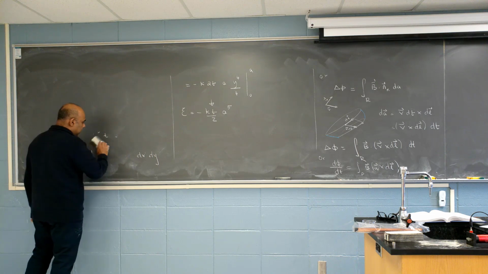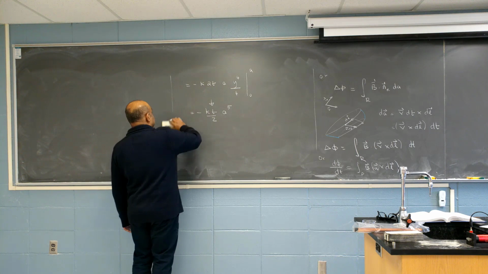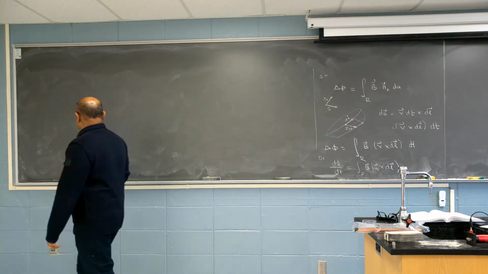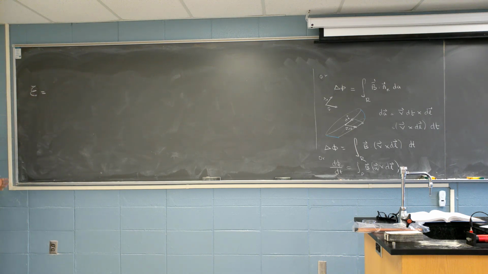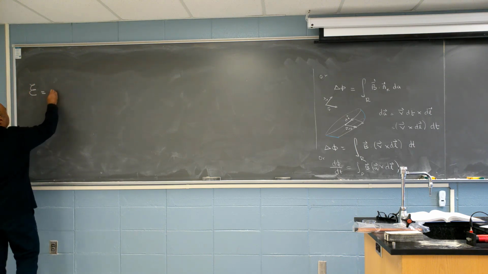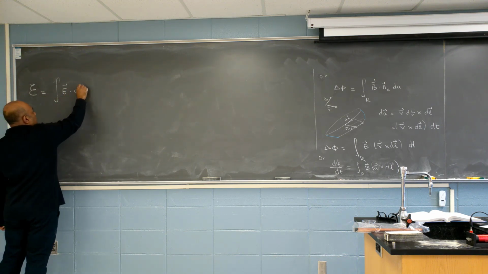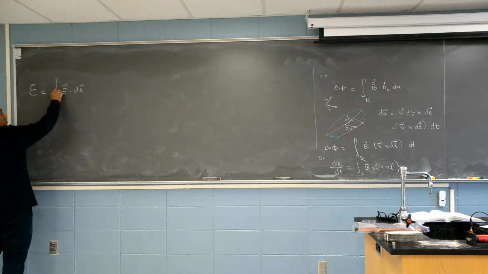So unless you have a battery or something else in the system that is creating an EMF, in general, if there's nothing else, this is really an E. It has evolved into some sort of a psi or sigma, or not sigma. It's just a script E. This is E dot dl, a closed loop.